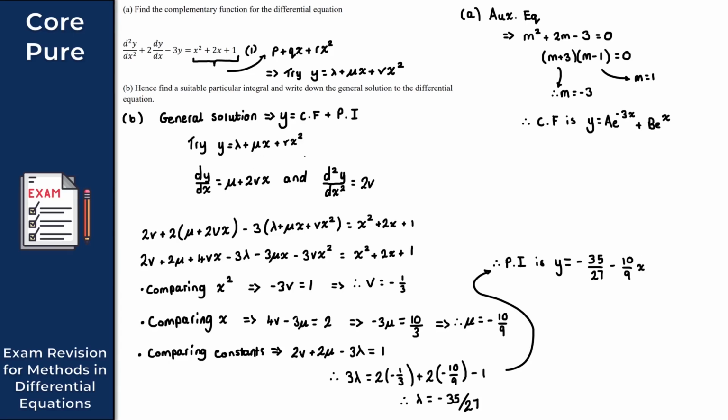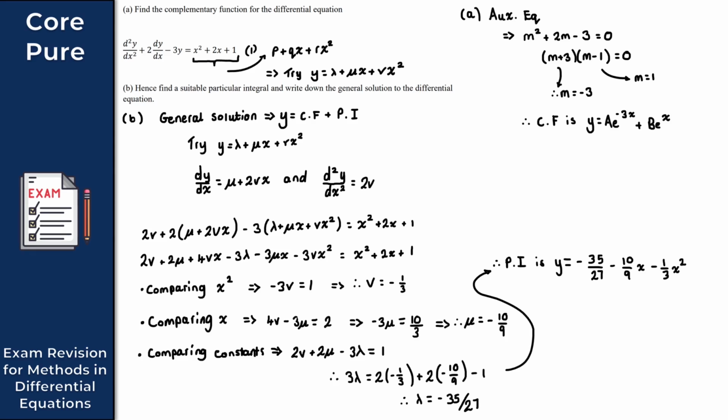And then finally for nu, what did we get? Nu is equal to minus 1 over 3, so minus 1 over 3 x squared. So that's our particular integral.